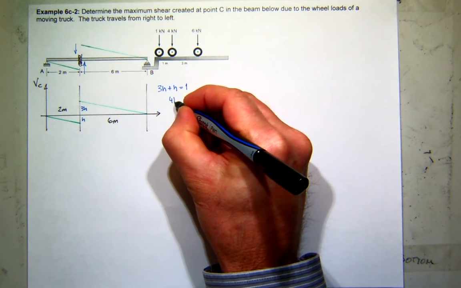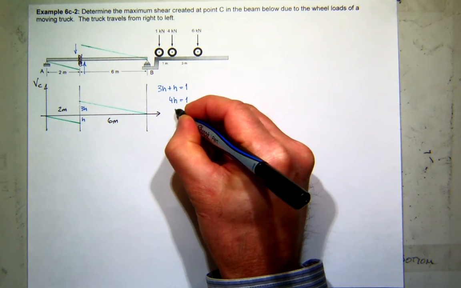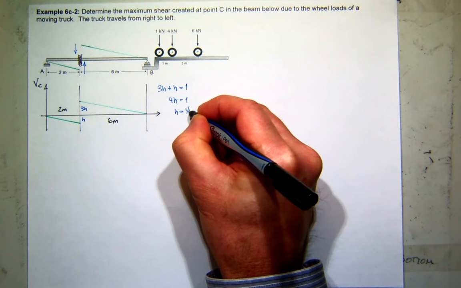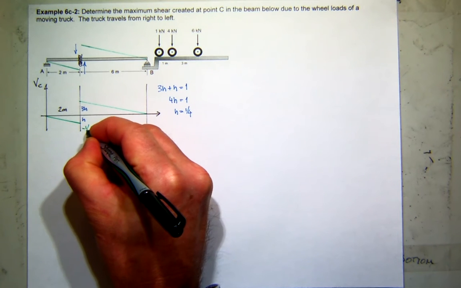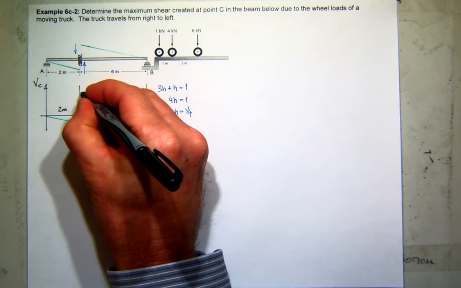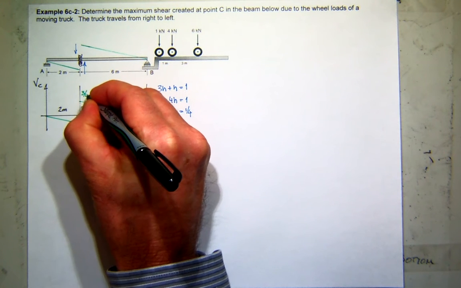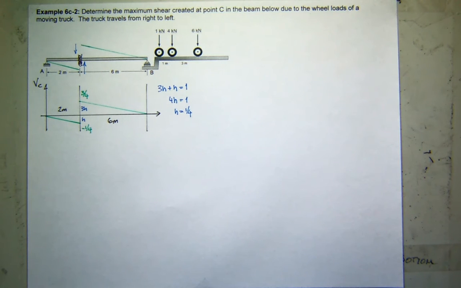So you get 4h equal to 1, so h is equal to 1/4. So that means this piece at the bottom becomes negative 1/4, and the top becomes 3/4. That's pretty cool.